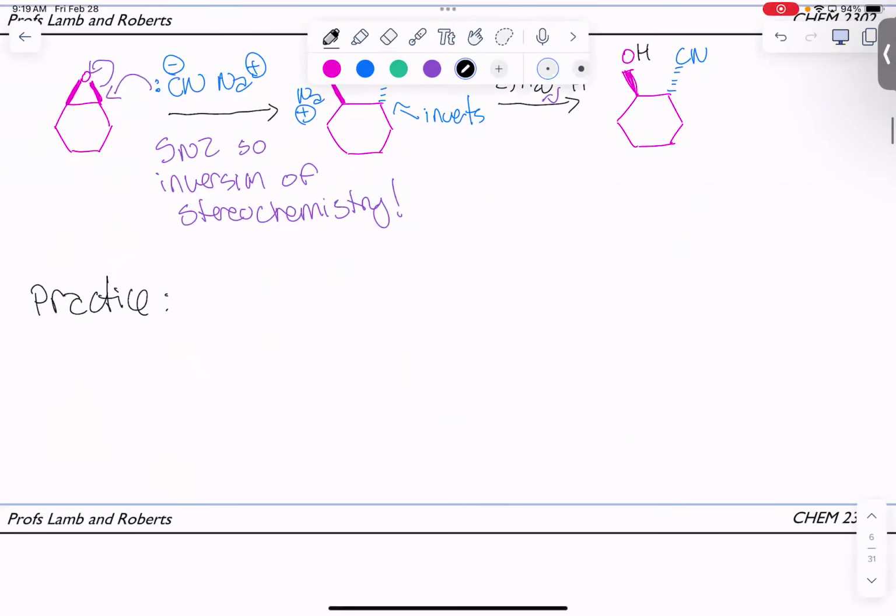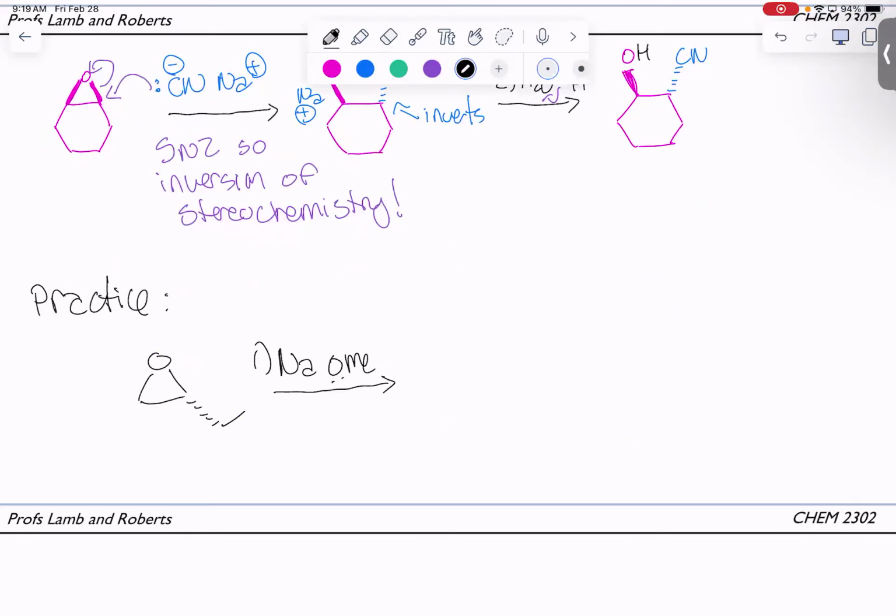If on an exam you saw this problem with this ethyl-substituted epoxide, and your nucleophile listed first is sodium methoxide, for example, and the reagent arrow said H3O plus, we would need to predict the product with the correct stereochemistry. Go ahead and take a few seconds to see what you would get.